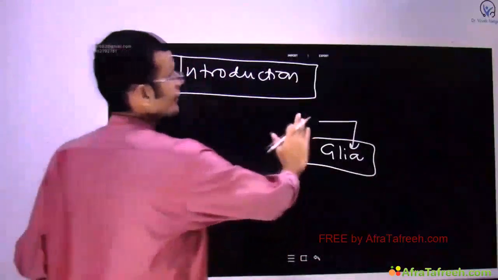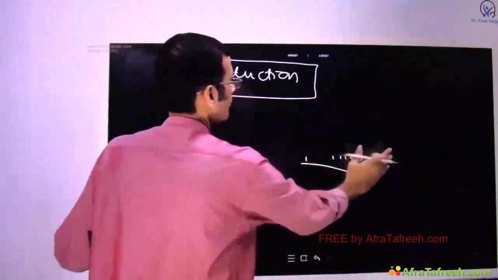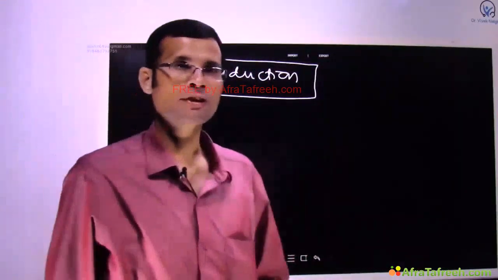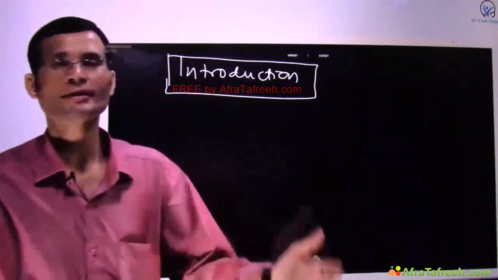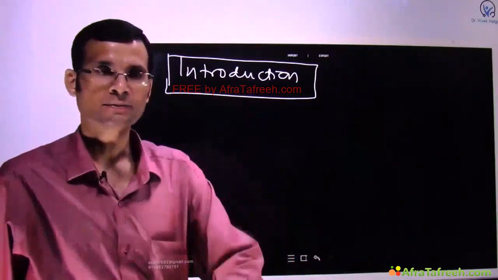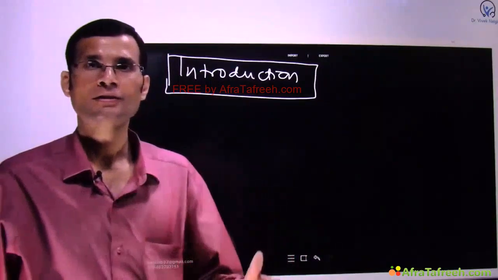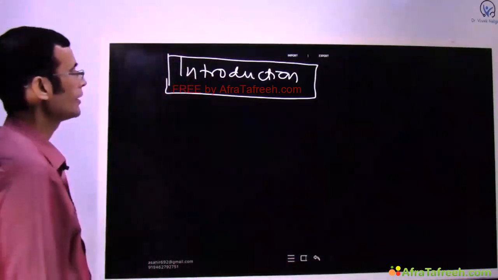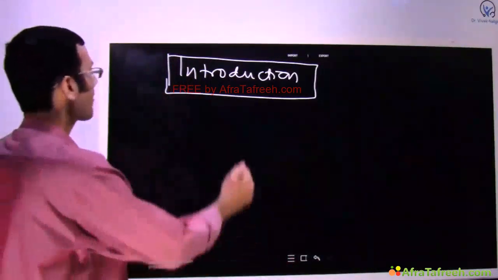So let's now talk about the glia, the glial cells, the supporting cells, which is the only cell that is formed outside the CNS and then it migrates into the CNS. The answer is microglia. So let's see the glia.